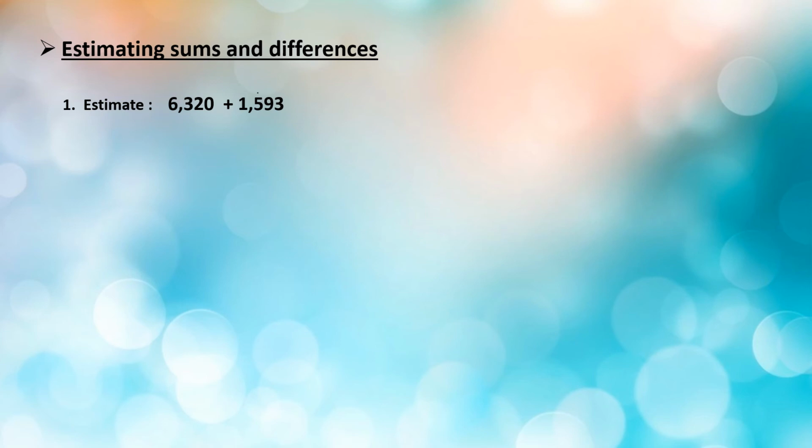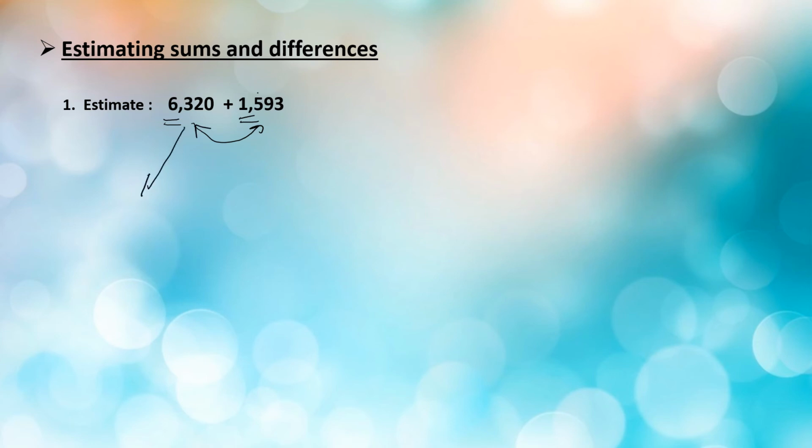So what are you supposed to do if you are asked to estimate and find the sum? You will have to round to the highest place value of the given number. So which is the highest place value here? You have thousands place. So you will round these two addends to thousands place. Okay.